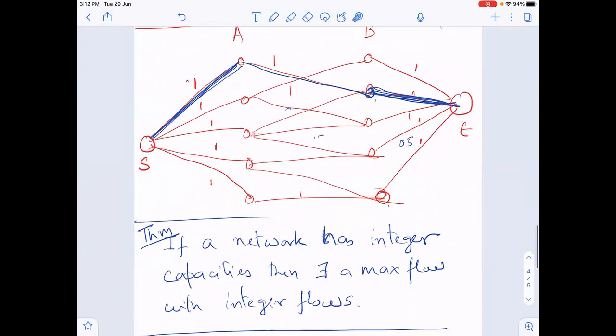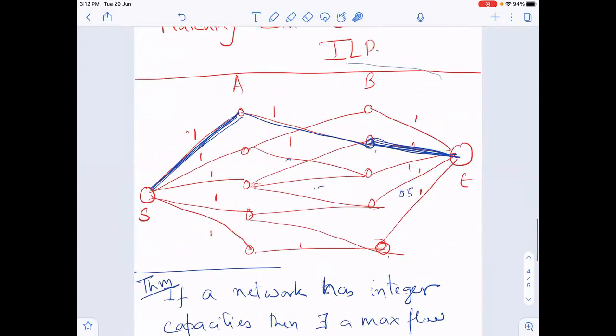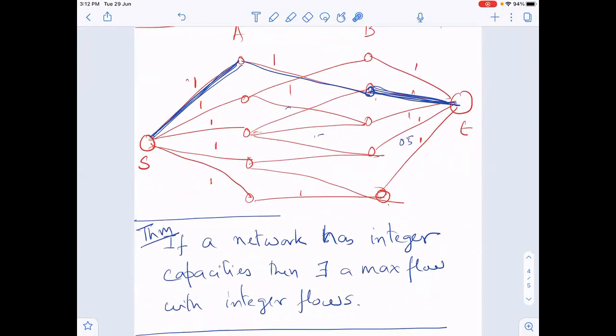It might be that this can be done because a special structure comes in. A flow is a special kind of LP. And what it helps is that for any flow in which the capacities are integer, the max flow is the same as the max flow for integer value flow. And this is something very crucial.